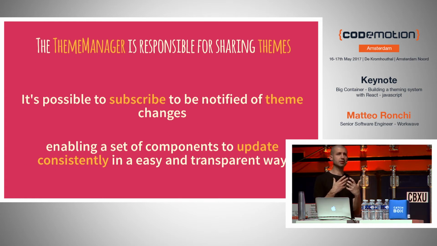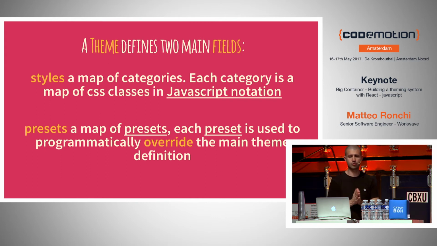And starting that way, we are able to propagate our changes to the whole UI without having to go through iteration or complex controls. Every theme exposed by our theme manager is composed of two entities.